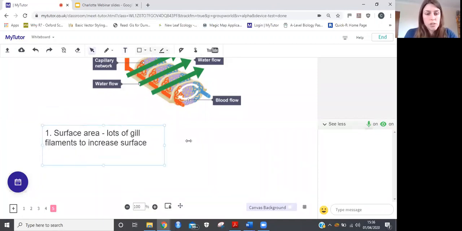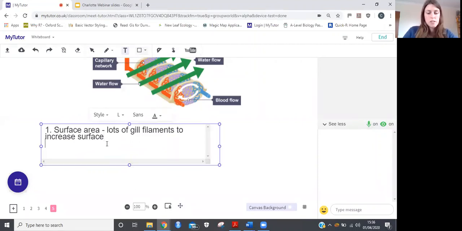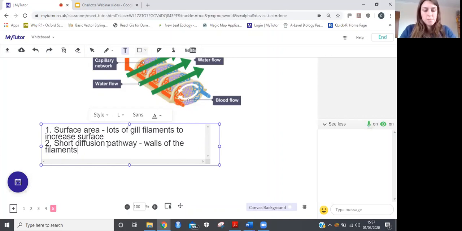So fish have lots of gill filaments. Number 2, we talked about a short diffusion pathway. So here again, the walls of the filaments and the capillaries are 1 cell thick.